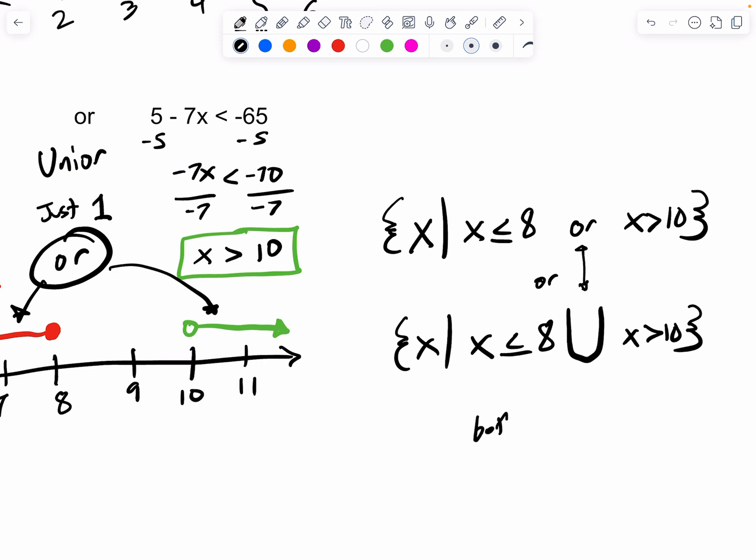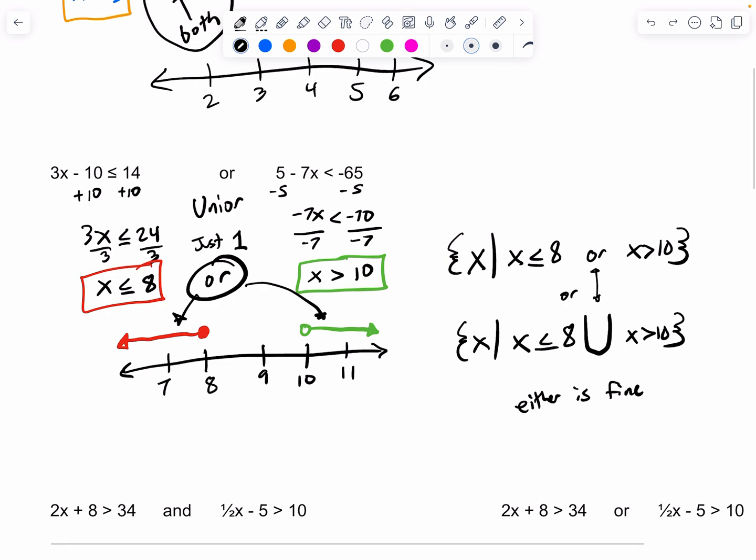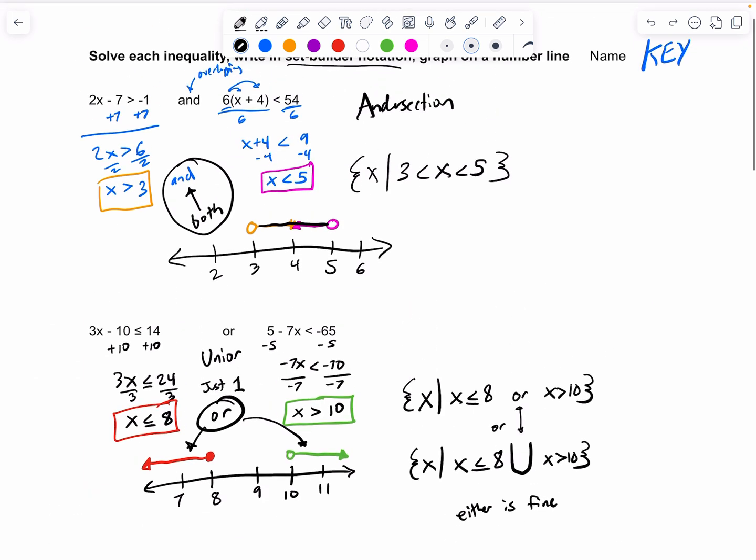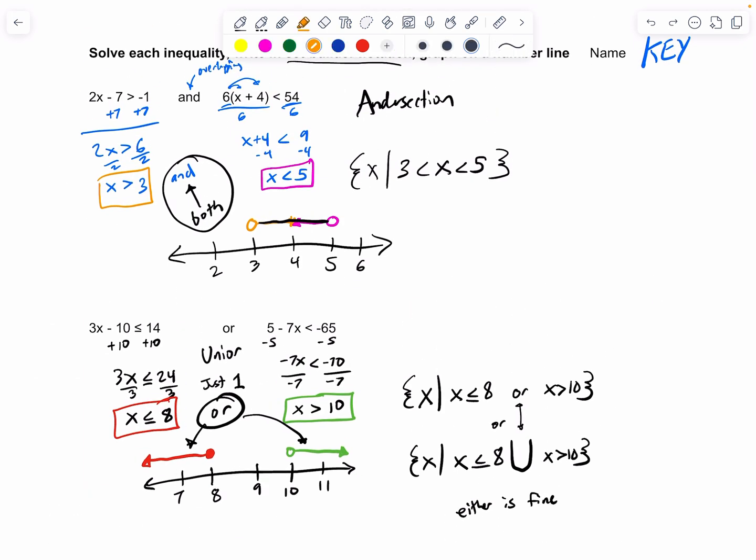Either is fine, I should say. But eventually you'll be using this U for union to say that it doesn't have to be both. Okay. So far we have our intersection and union.